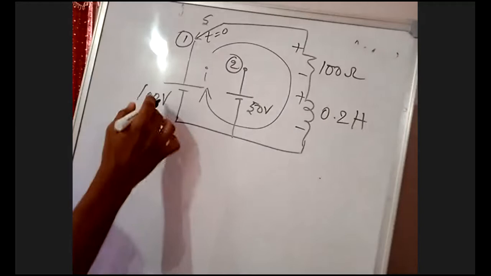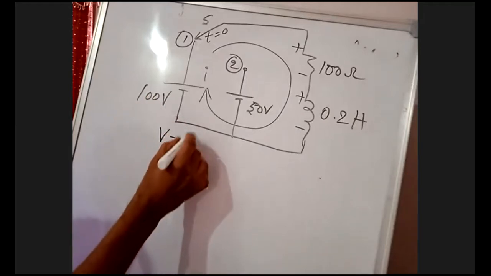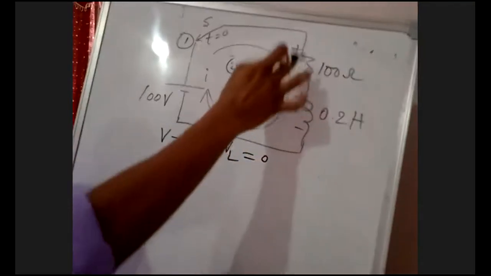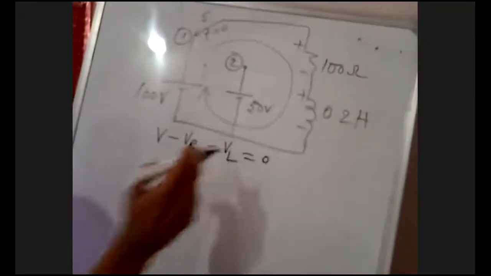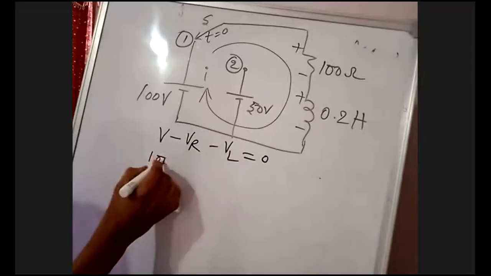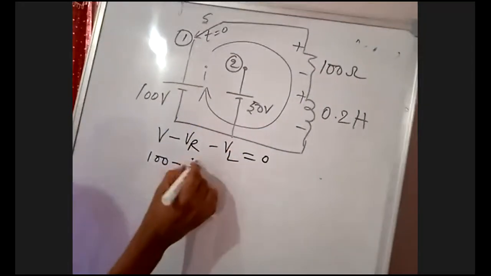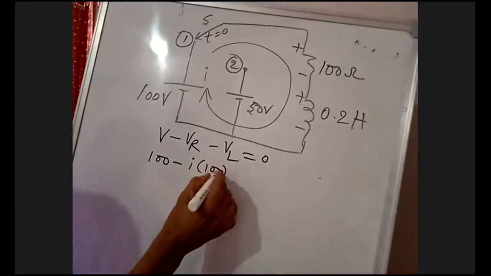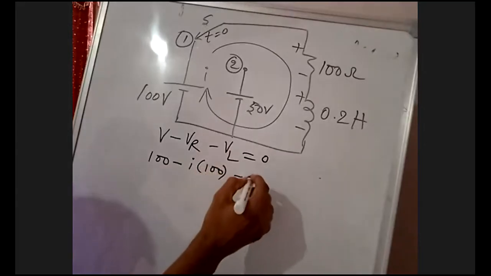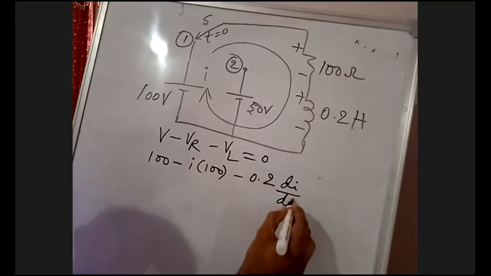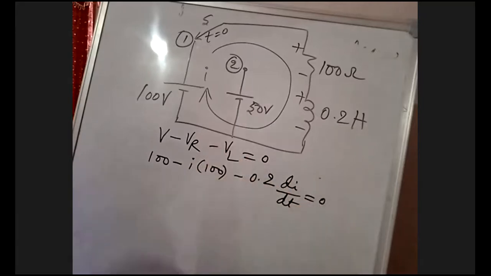Now see here, V is 100 volts minus VR minus VL is equal to 0. Plus to minus, plus to minus. V is 100, I into R is 100i, minus L into di by dt. Voltage across the inductor is L into di by dt.